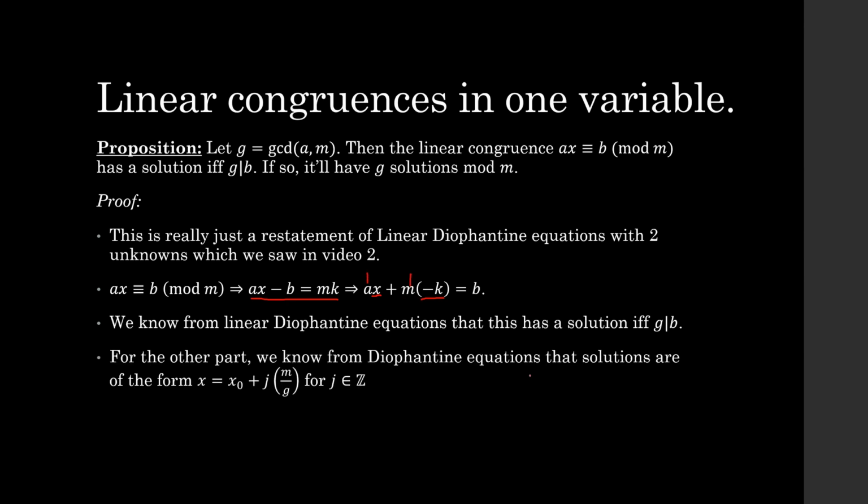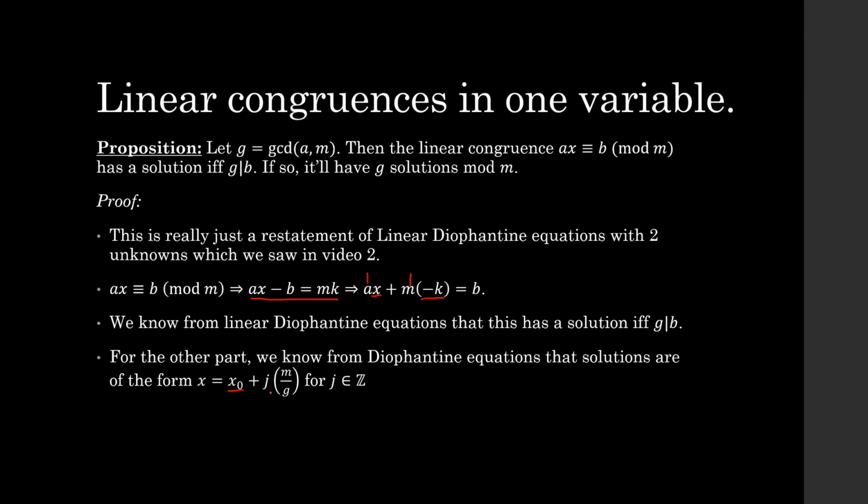Okay. For the other part, which is how many solutions there are mod m, we can again refer back to our linear Diophantine equations. By the way, if you don't remember how these work, refer back to video 2, otherwise you might be a little confused here. We know from Diophantine equations that the solutions are of the form x is equal to x0, which is just some initial solution, plus j times m over g.